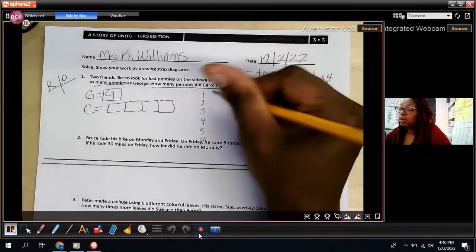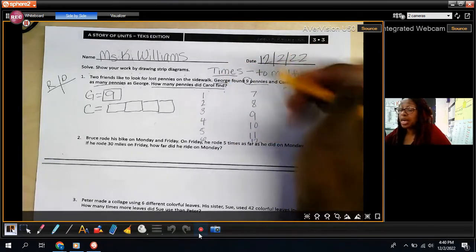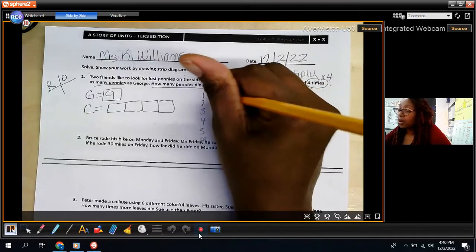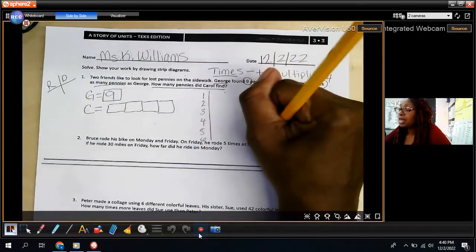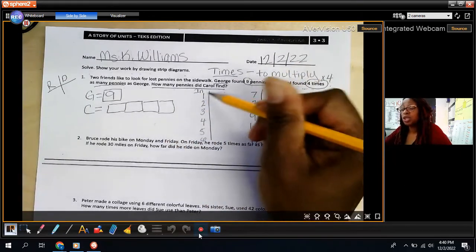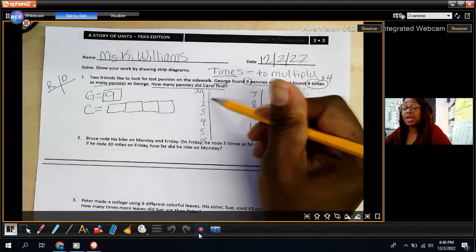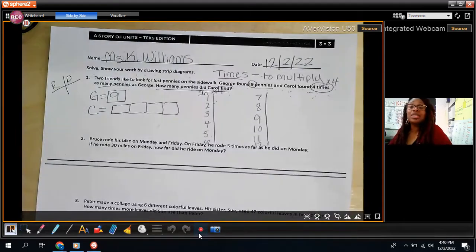So remember, Miss Moore has taught us the input and output table, where we had a little chart. That's what I'm keeping in mind, and that's what I'm making here. This side will be my n. These are all my factors that I'm multiplying 4 by. And once again, I'm using times 4.